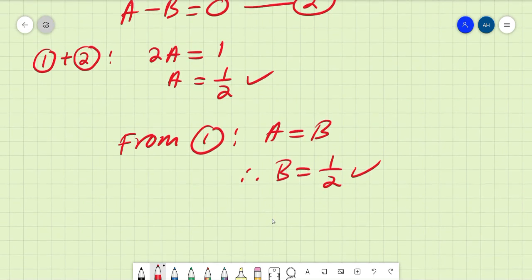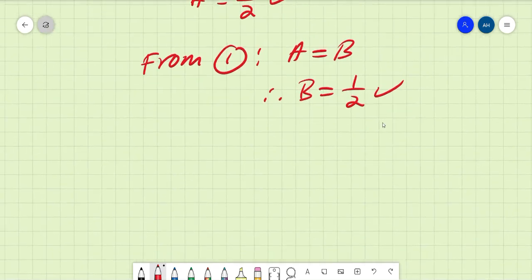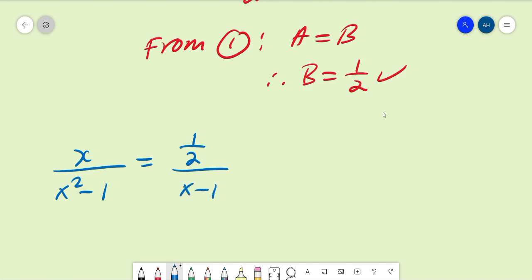Okay, just now on the left hand side we have this equation, that is we have x. Let's write it down here, using a different color. We have x over x squared minus 1 is equal to a over x minus 1 plus b over x plus 1, with a equal to 1 half: 1 half over x minus 1 plus 1 half over x plus 1.